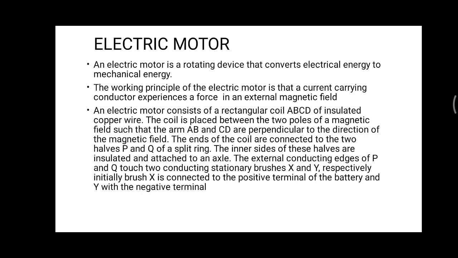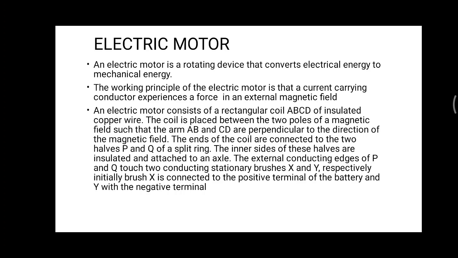So here, with the help of the electrical energy, we are generating a magnetic field or magnetic energy surrounding the conducting wire, and the conducting wire is already kept there in between the poles of a bar magnet or a horseshoe magnet, a permanent magnet. So what will happen as the current passes through the conductor?